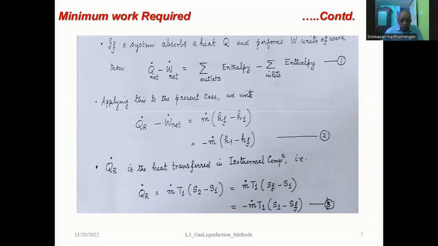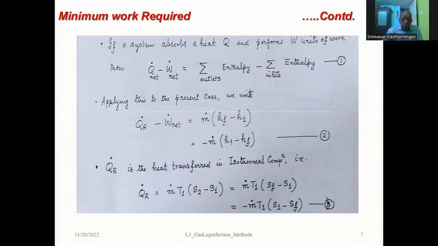Now, we apply this to the present case. What about the enthalpy change? The initial enthalpy is H1, and then the enthalpy becomes H2 when the pressure rises to position 2.